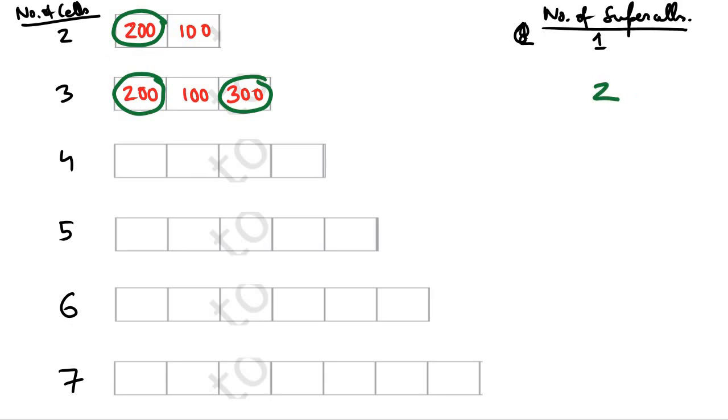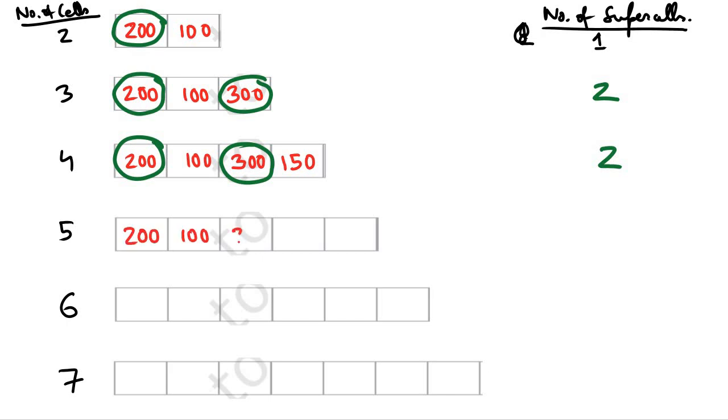Next, we will continue with the same pattern: 200, 100, again 300. Now this time a little bit lower, say 150. Again, how many supercells? 2 supercells. Next we continue this pattern: 200, 100, 300, 150.